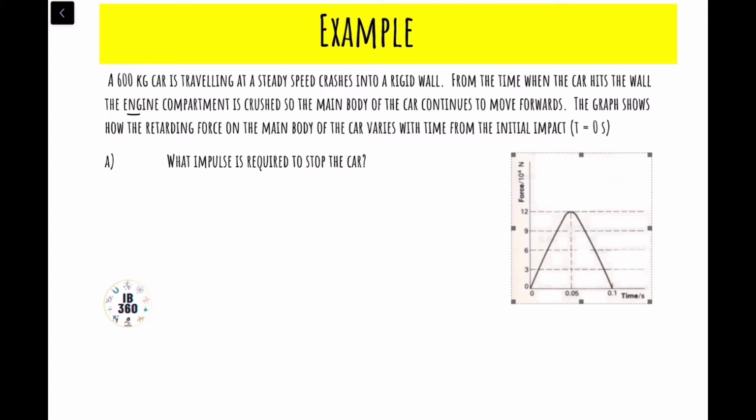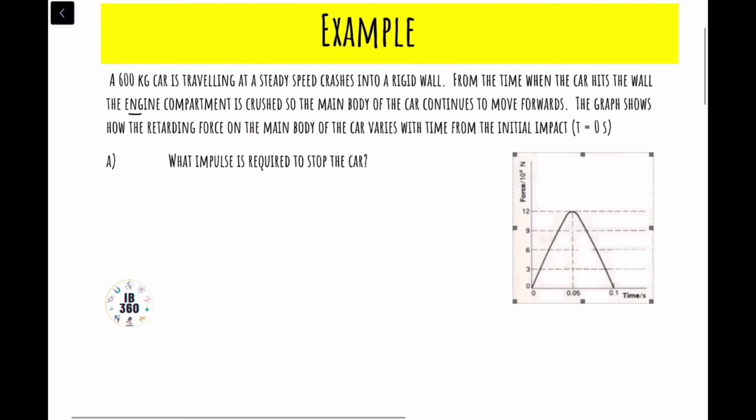So with that said, let's get started. It's a very good problem that we are going to do today. It says that there is a 600 kg car traveling at a steady speed, which crashes into a rigid wall.